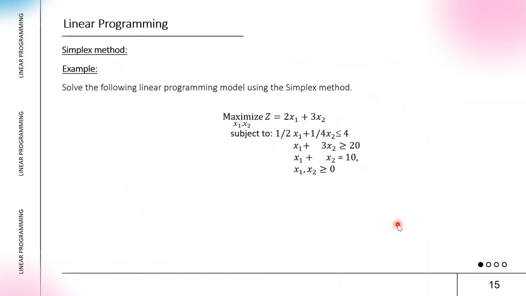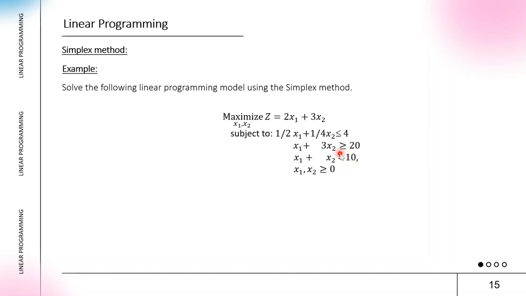Here we want to solve another linear programming problem using the simplex method. But in this problem, we have a minimization form of the optimization problem and also different types of constraints. As we can see, we have a constraint less than or equal to something, greater than or equal to something, and equal to something, as we can see from the slide.